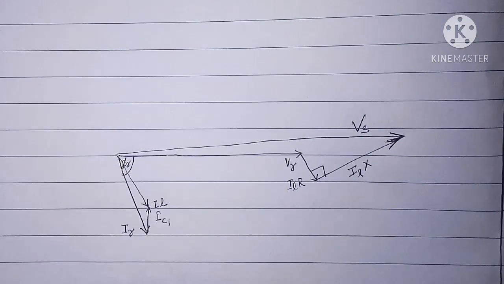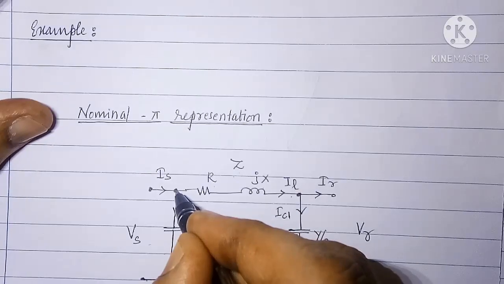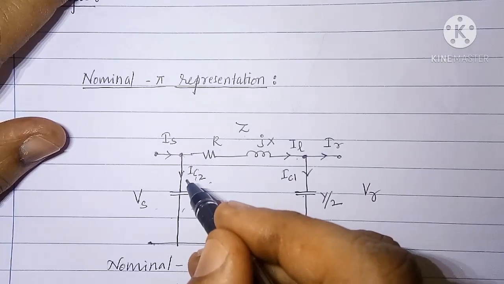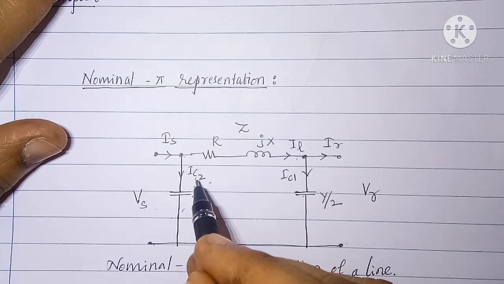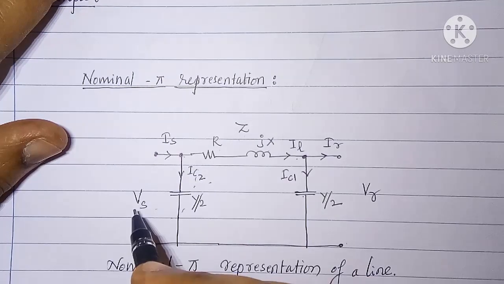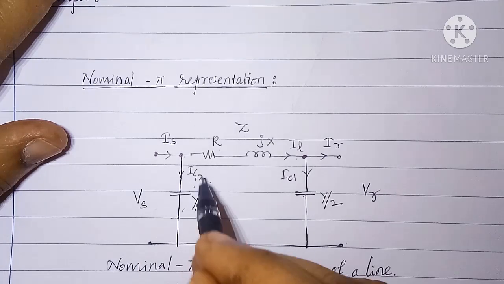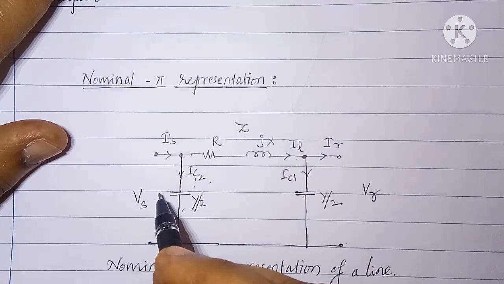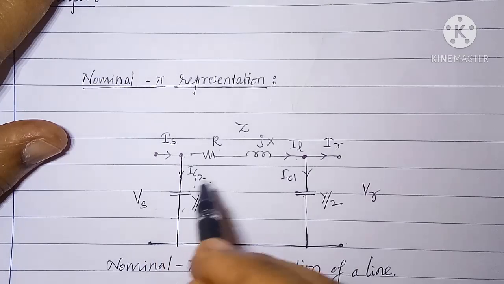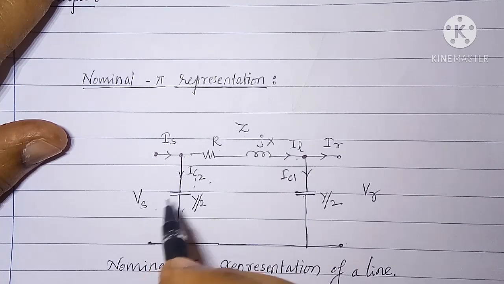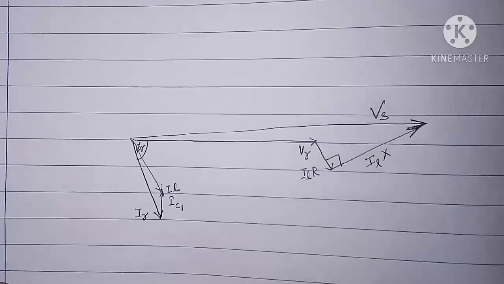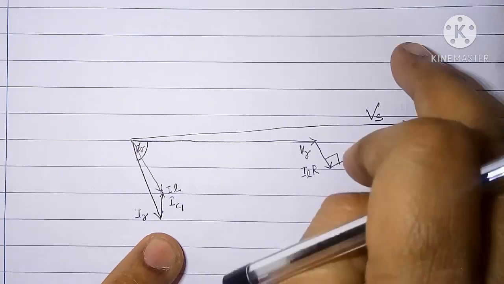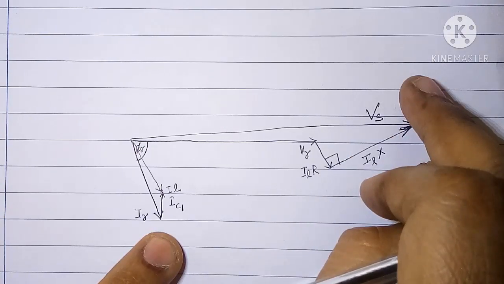Now, referring to the figure, we are having Vs here, that is voltage across capacitor. That means current through capacitor IC2 is due to supply voltage Vs or sending end voltage Vs. So IC2 will be leading Vs by 90 degree, and IC2 is equal to Vs into j omega C2. So we will show at 90 degree to Vs the IC2.